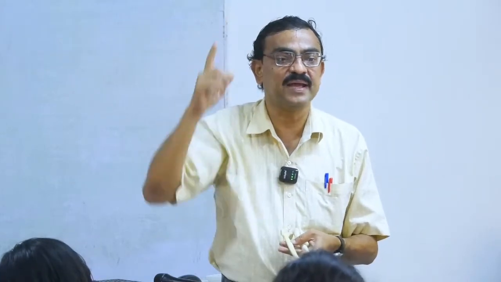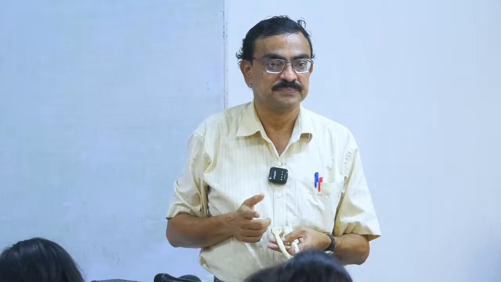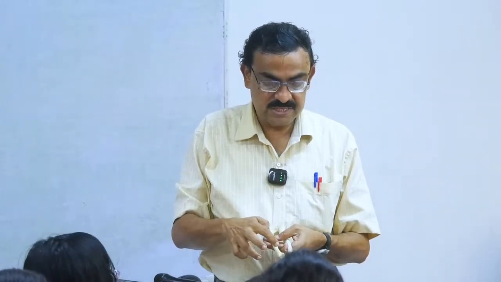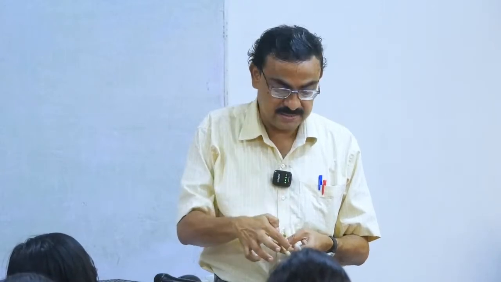Just below it, from the middle part, another muscle will take origin, which is called extensor pollicis brevis.